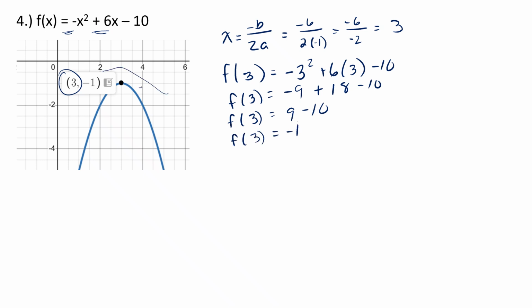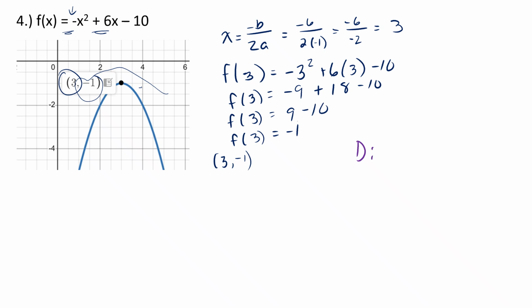Oh, wow, look, -1. So you do have that vertex of 3, -1, and you know that this is flipped over because that leading coefficient is negative, so it would flip it over. So if you needed to do a quick sketch of this on your own, hopefully you can do it.